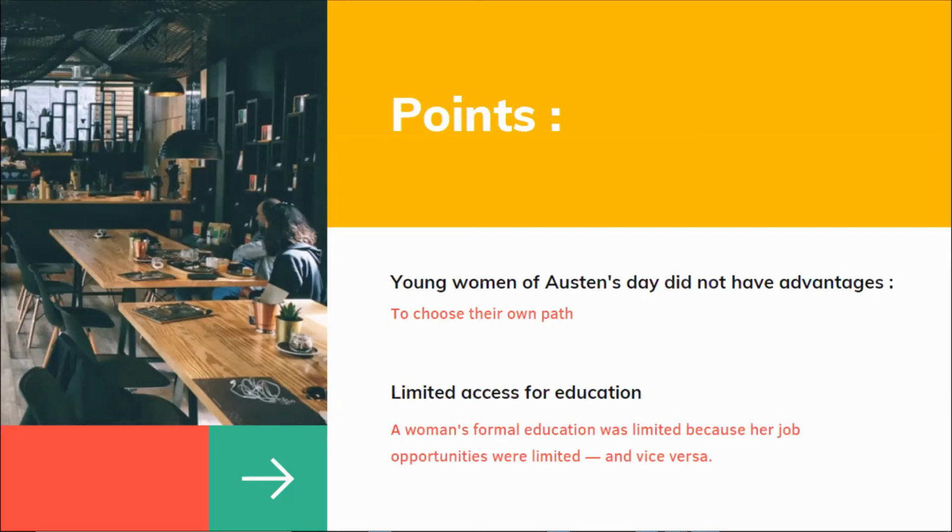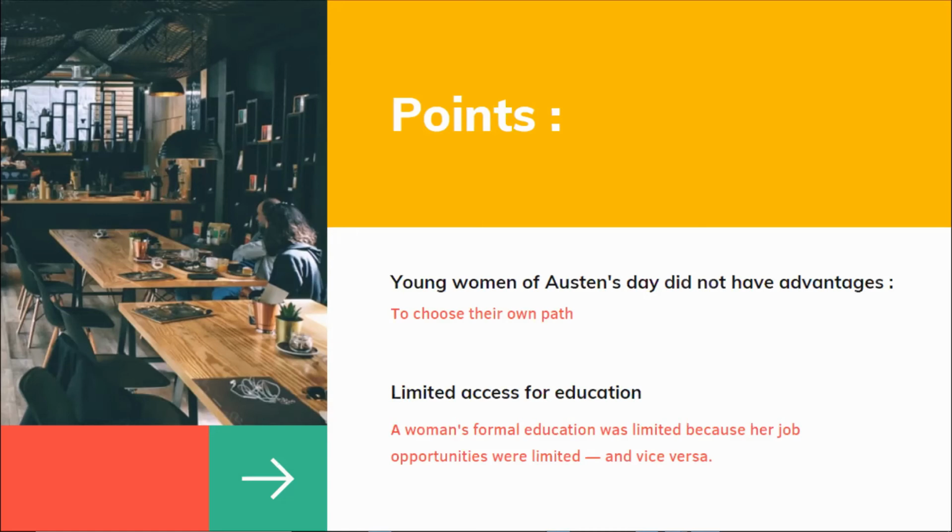If unmarried, they would remain dependent upon their relatives, living with or receiving a small income from their fathers, brothers, or other relations who could afford to support them. In Elizabeth's case, she is dependent upon her father while he is living and she is unmarried.